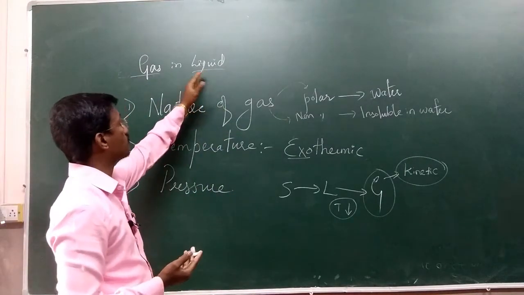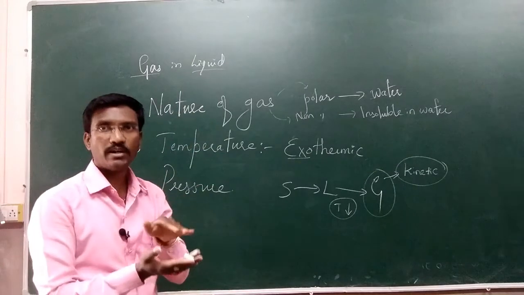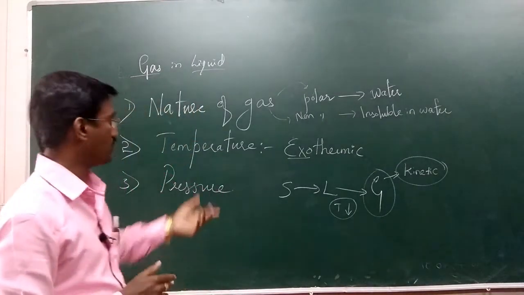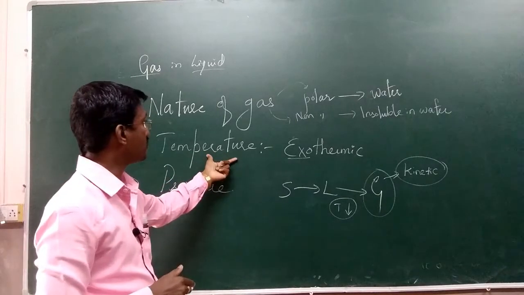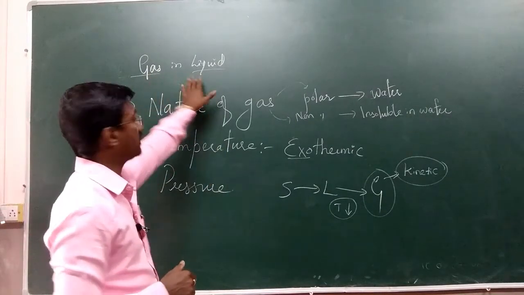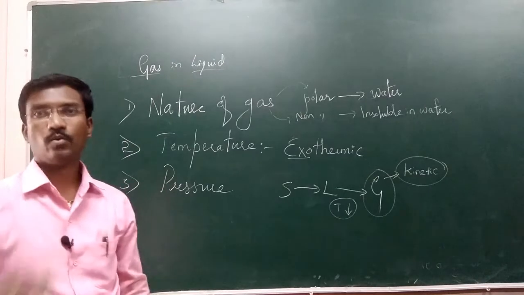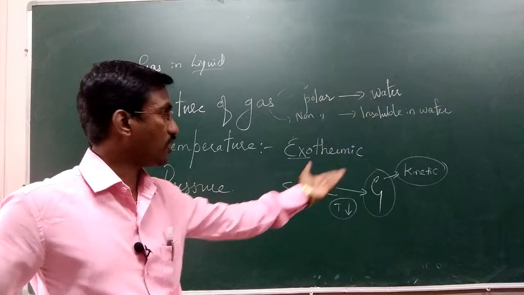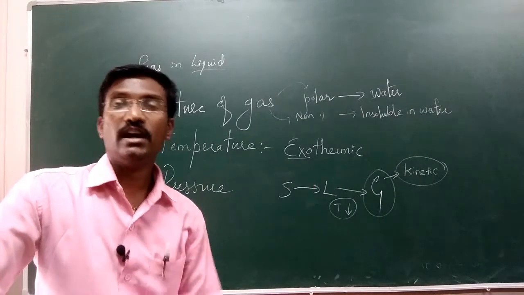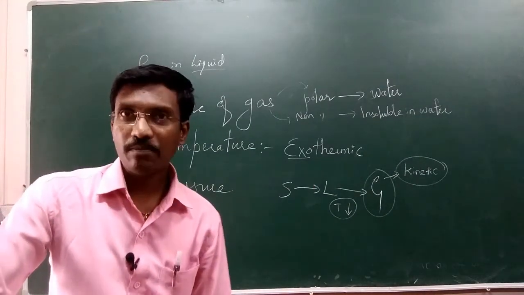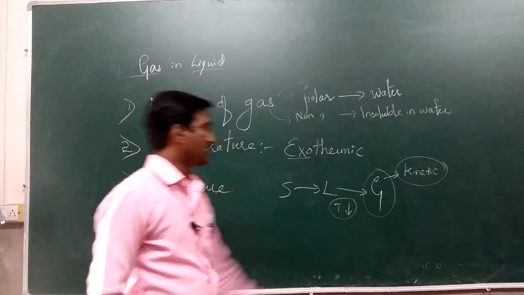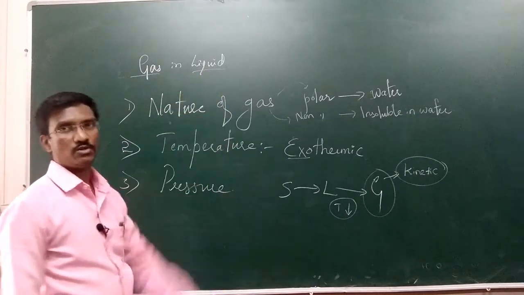Therefore, we are not supposed to increase the temperature. At lower temperature we have to dissolve the gaseous compound so that it will dissolve. Therefore, as the temperature increases, the dissolution of gas in liquid decreases, because it's exothermic. If we increase the temperature, the gaseous molecules gain greater kinetic energy, and the escaping probability is greater for gas in a liquid solvent.